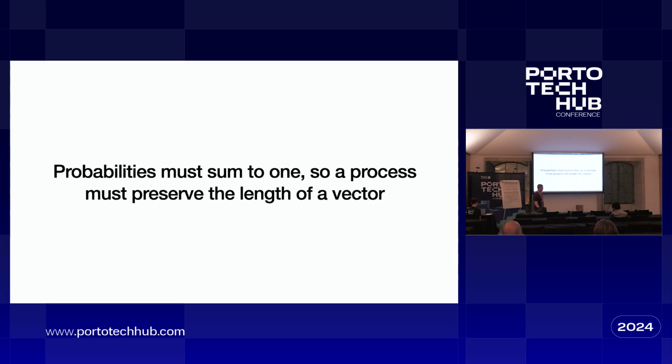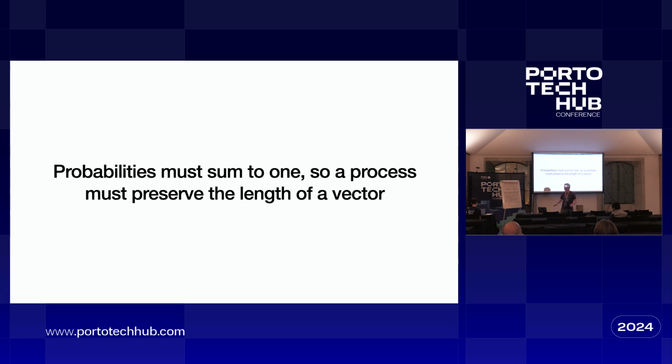All right. Quantum circuits. A quantum process: we saw earlier we had deterministic and stochastic processes, and we said that the process must preserve something.